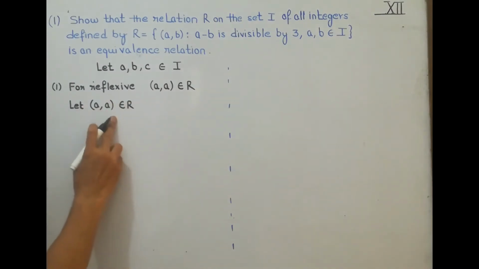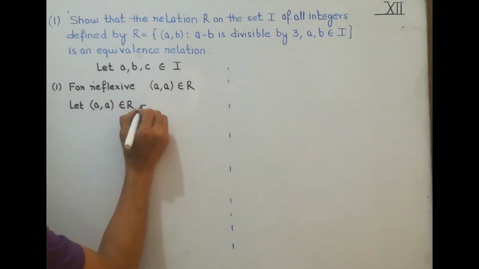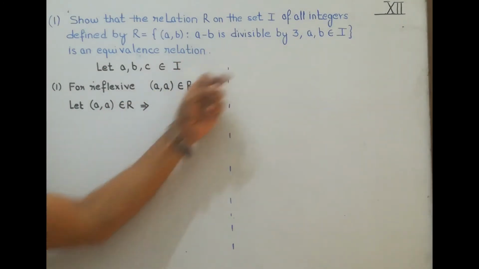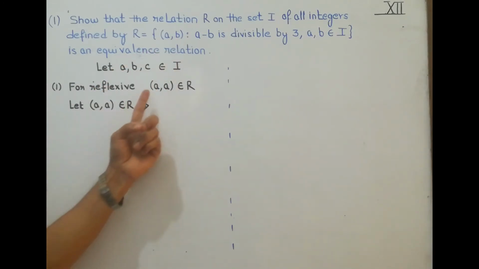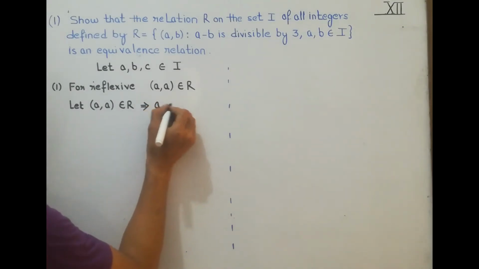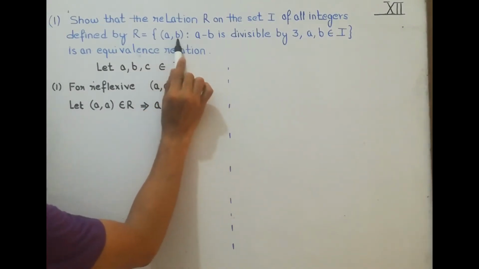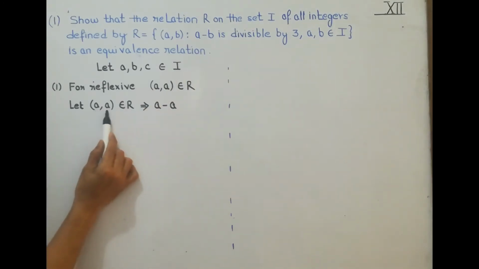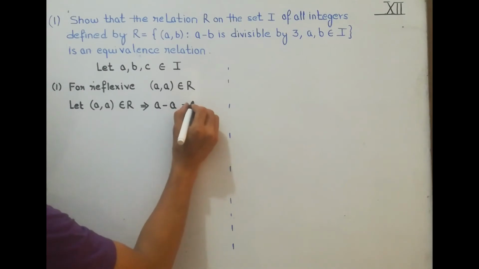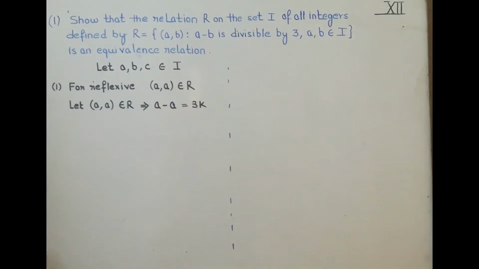We have considered (a, a) belonging to the relation. So the relation is a minus b is divisible by 3 for (a, b). So what will be the relation for (a, a)? a minus a. Now see, for (a, b) it is a minus b, so for (a, a) it will be like this, a minus a. It is divisible by 3, so we can write it like this, 3k. And what will be k? k will be some integer value.